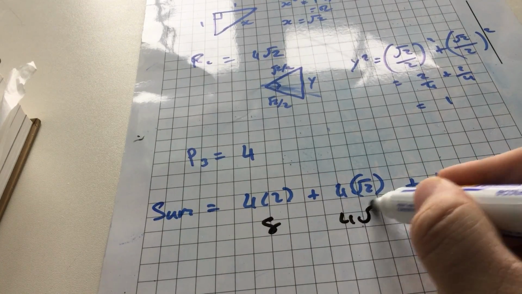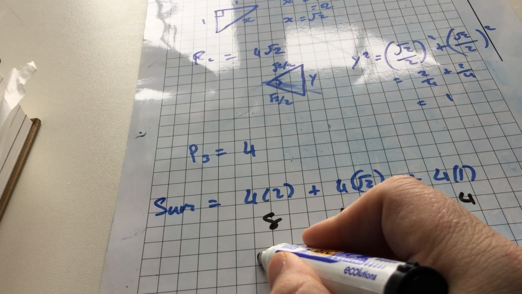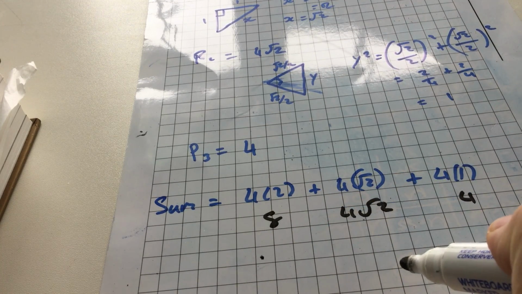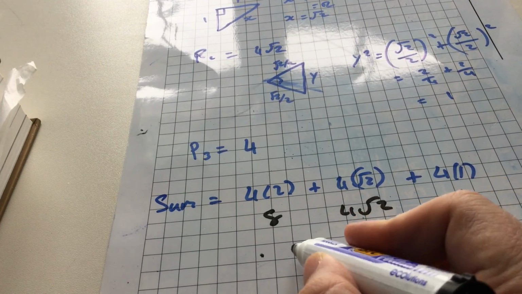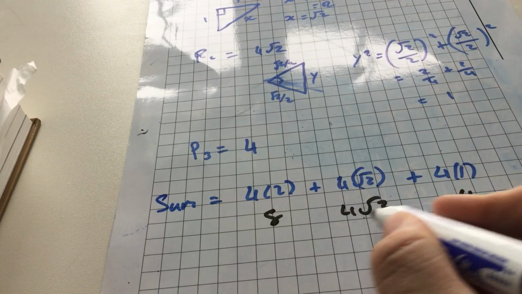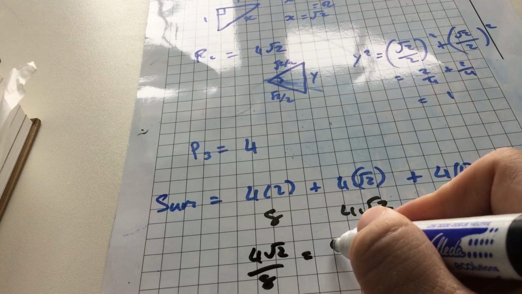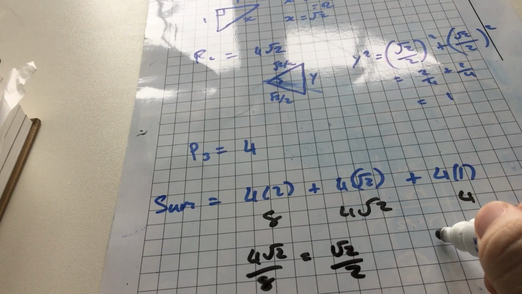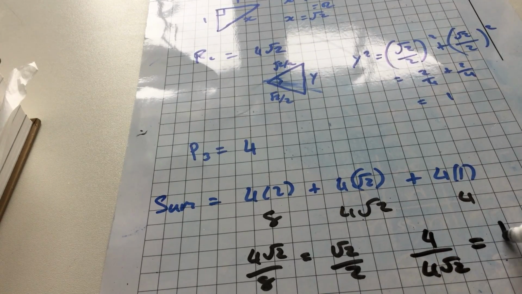So if I do term 2 divided by term 1, 4 root 2 over 8, which is root 2 over 2, okay? Or if I do term 3 over term 2, 4 over 4 root 2 is 1 over root 2.